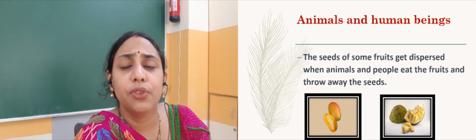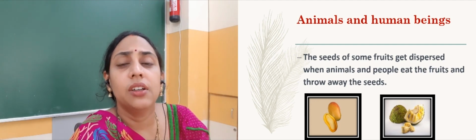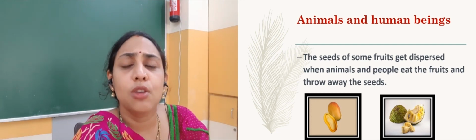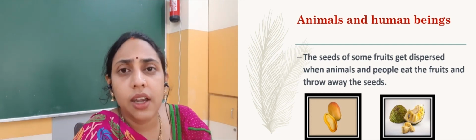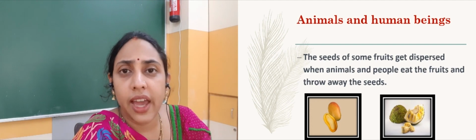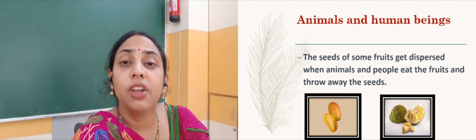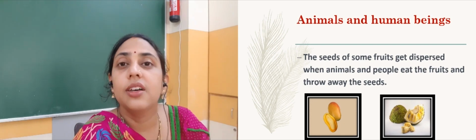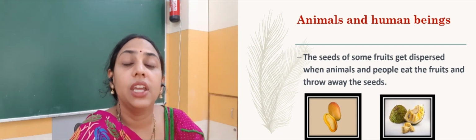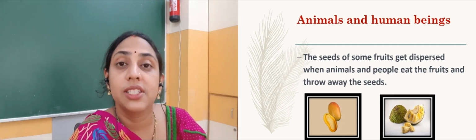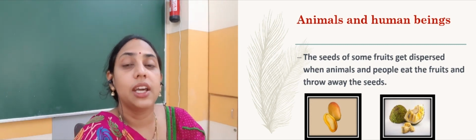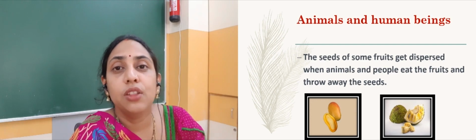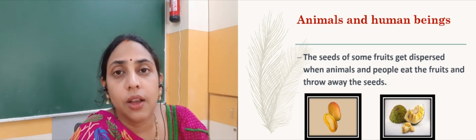When we eat fruits like mango and jackfruit and all different fruits, we throw away the seeds of these fruits, right? Nobody can digest the seeds, because seeds have a very hard outer covering, that is called the seed coat. So we cannot digest that seed, and that is the reason we throw away the seeds, right?